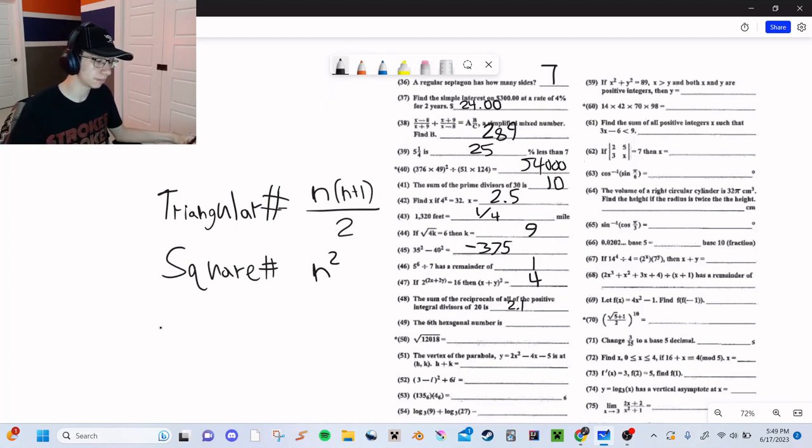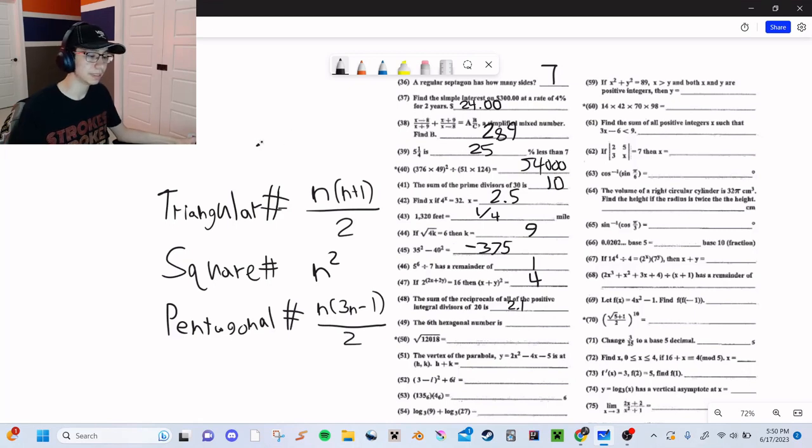Moving on, we have the pentagonal numbers. The formula here is n times 3n minus 1 over 2. And again, it means forming this pentagon.